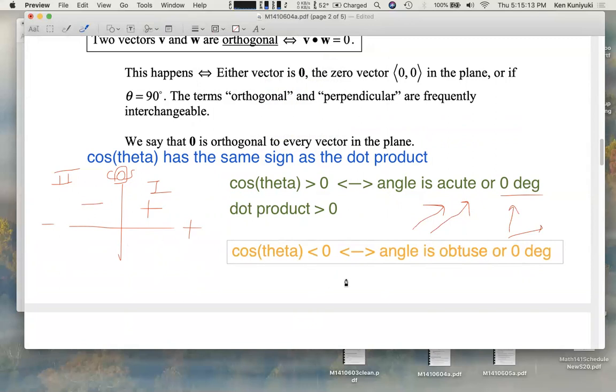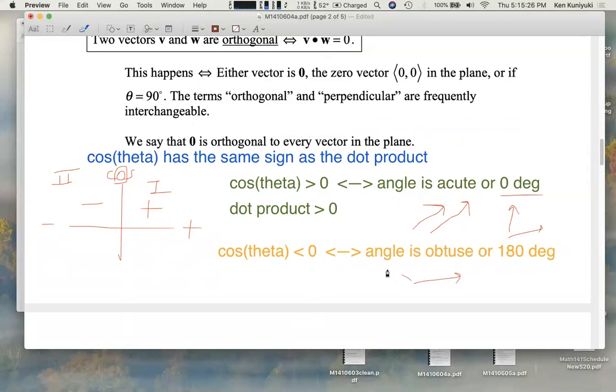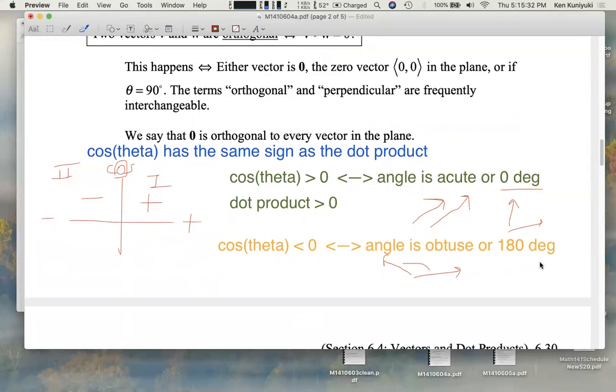A quadrant 2 obtuse angle. Or remember, cosine of 180 degrees is negative 1, that quadrantal angle. Or we have a 180 degree angle. So we have two vectors that either form an obtuse angle, like so, or there's a 180 degree angle between the two vectors.